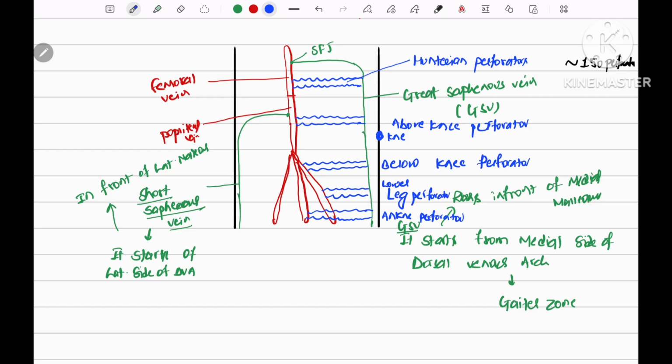This above knee perforator is also named the dodd perforator, and this below knee perforator is the boyd perforator, and this lower leg perforator is named the cockett perforator. And the last one is the ankle perforator, also named the May or Kuster perforator.